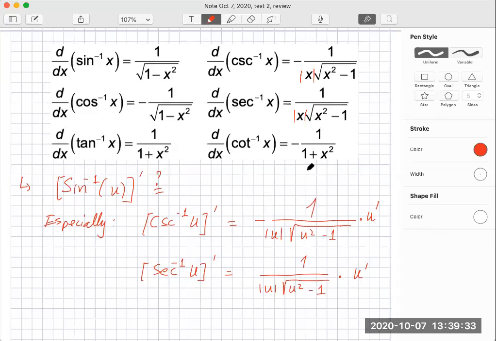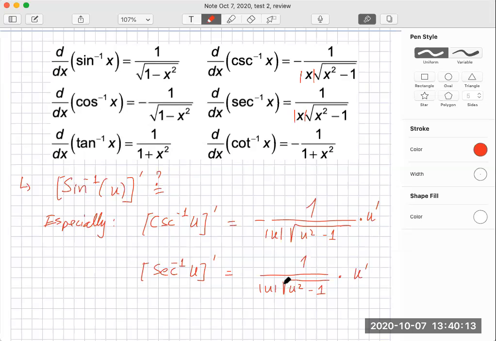Applying the chain rule, we have that the derivative of cosecant inverse of u will be negative of 1 over absolute value of u, square root of u squared minus 1, and then multiply with u prime. Okay? The derivative of secant to the negative 1 of u will be this guy and multiply with u prime.